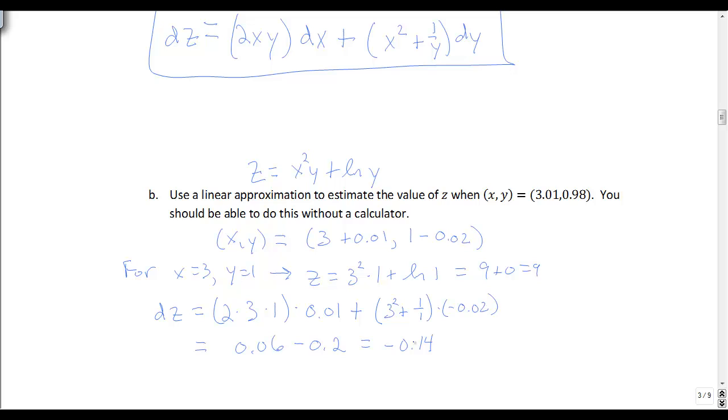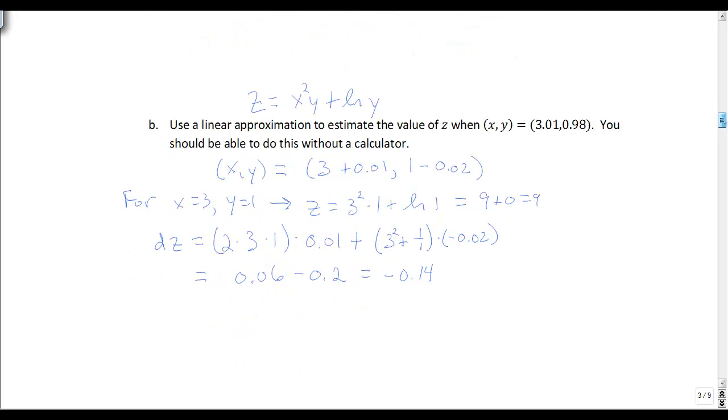So what we suspect is that the approximation of z should be the 9 that it started at 3, 1, minus 0.14. And that should be 8.86 here. So that's really our answer.